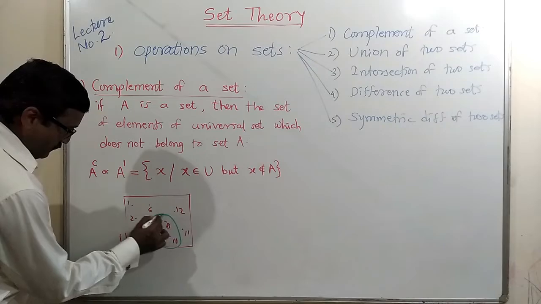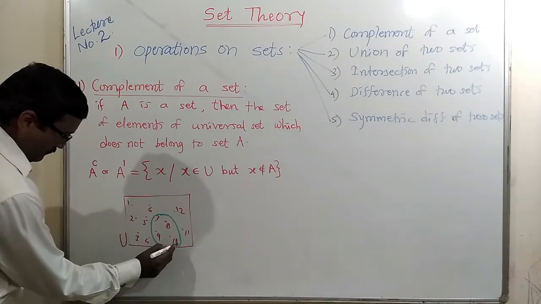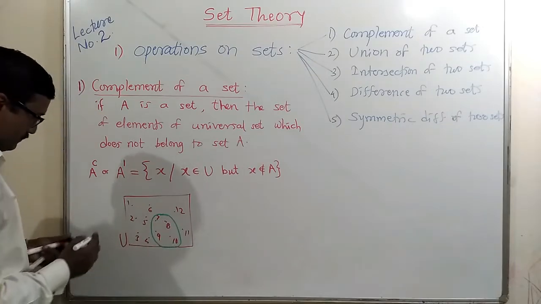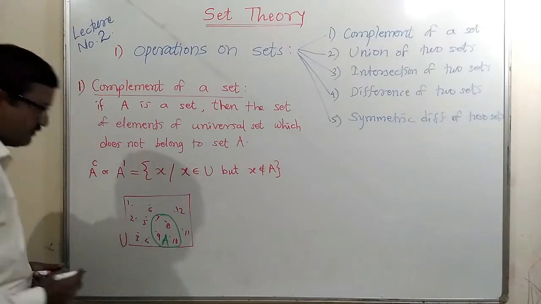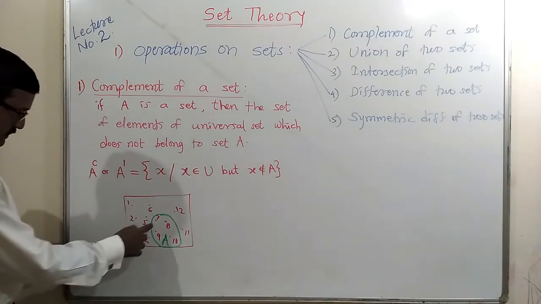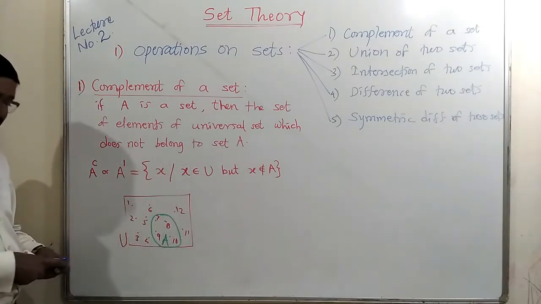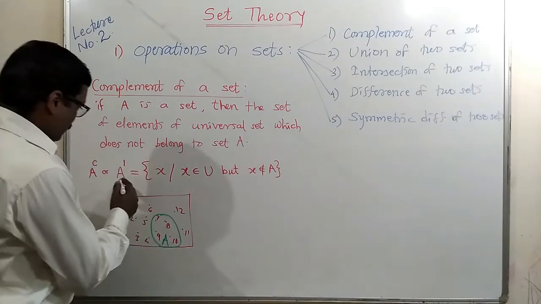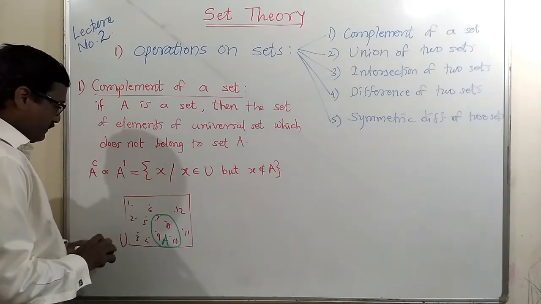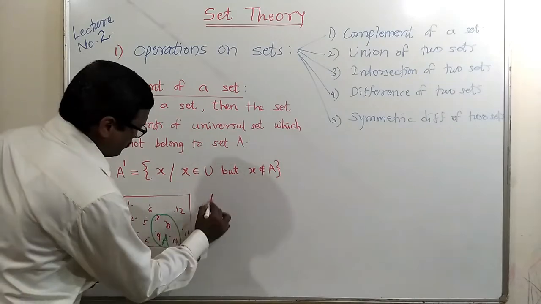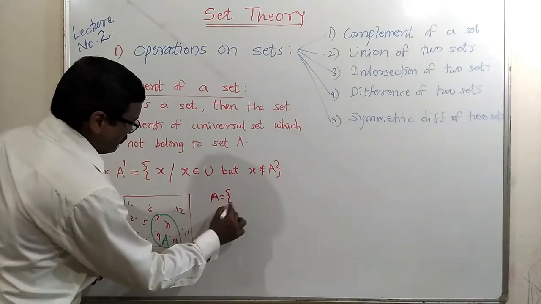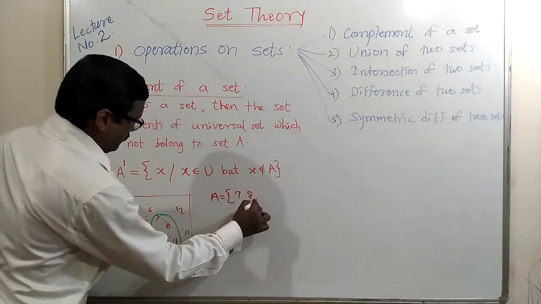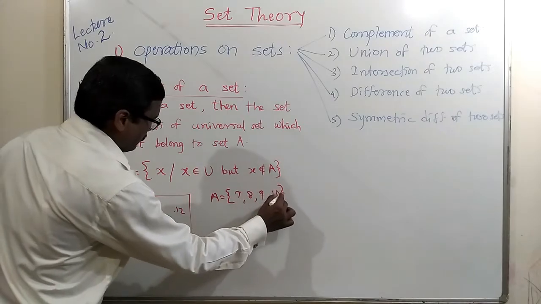Suppose this is set A, and A contains elements 7, 8, 9 and 10.